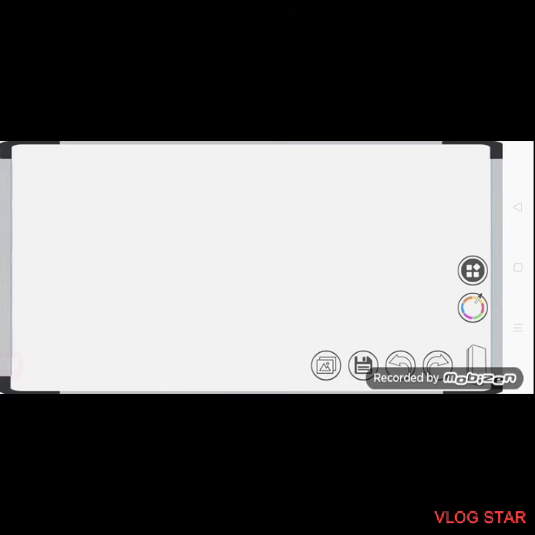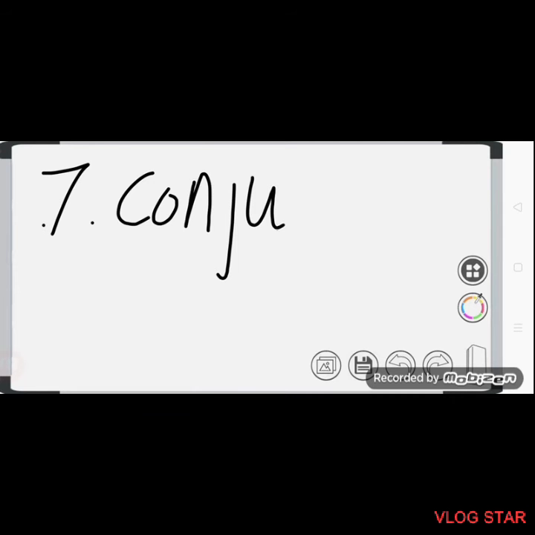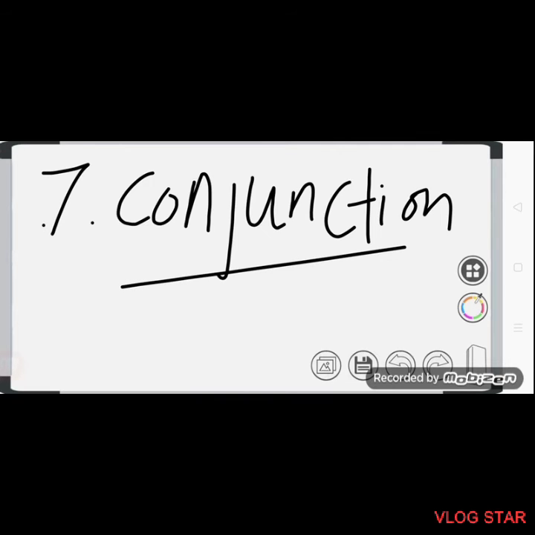And the seventh important part of speech is conjunction. Conjunctions are words used to connect two sentences.